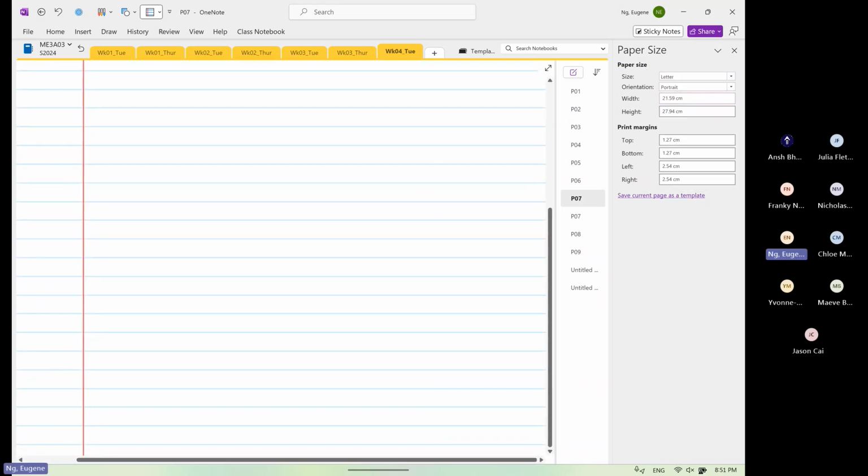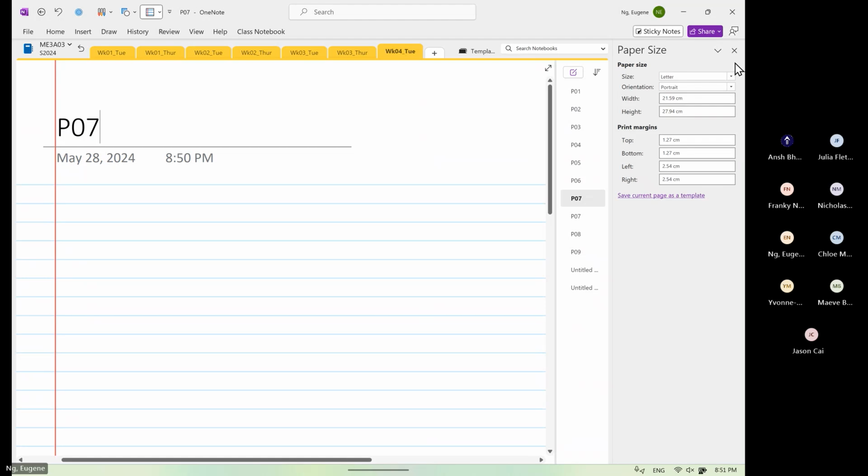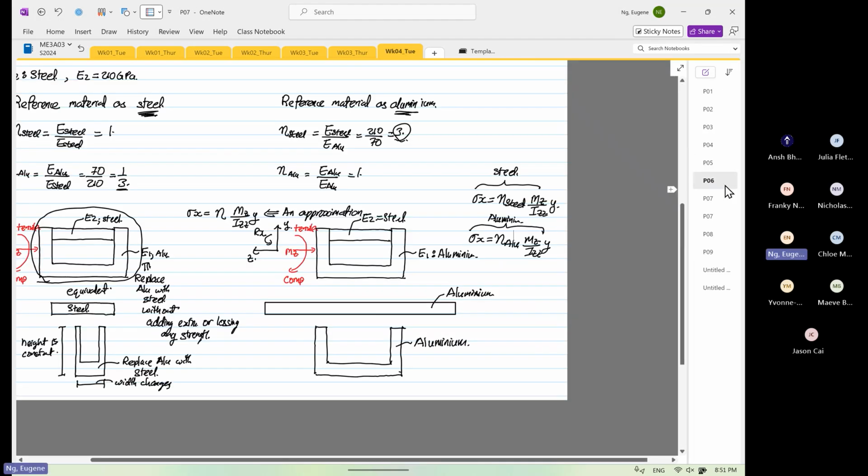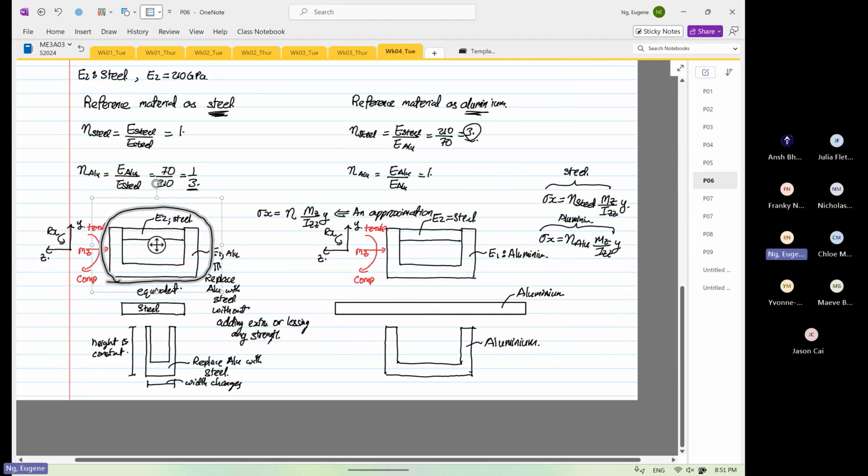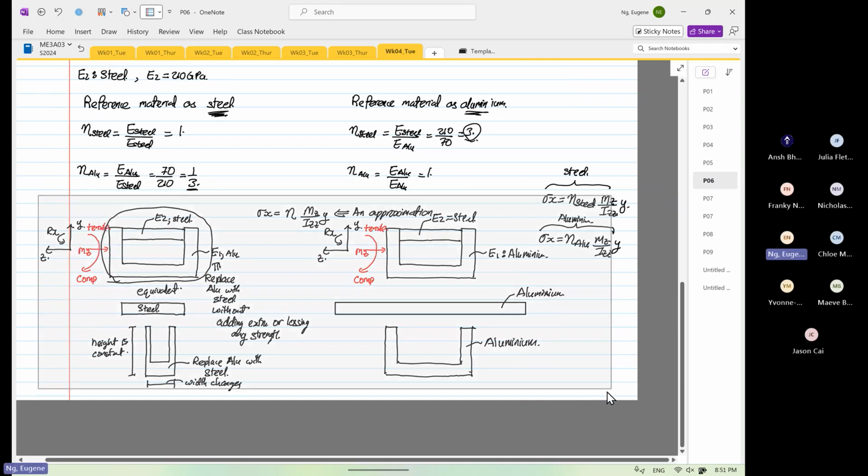Now we ask ourselves, if we look at this diagram only, I'm going to take this diagram over here.